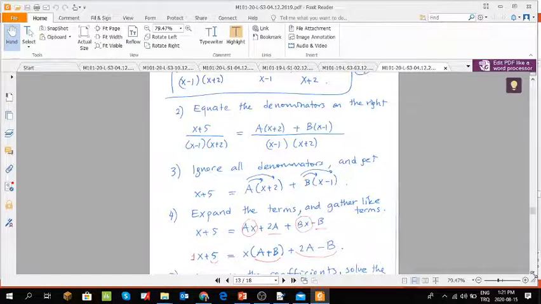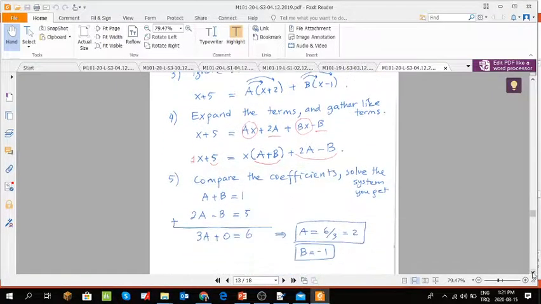You can distribute this and gather the like terms. x is a common term for A and B, and then 2A minus B is just the constant term. Now compare this with the left hand side. What's the coefficient of x? It's 1. So the coefficient of x on the right has to be 1 too. So A plus B has to be 1.